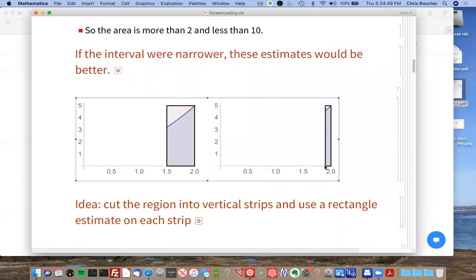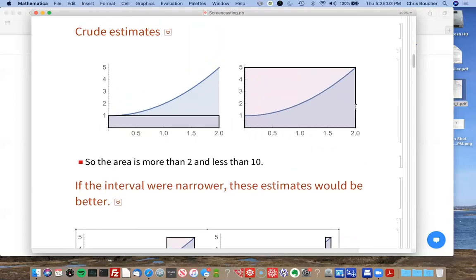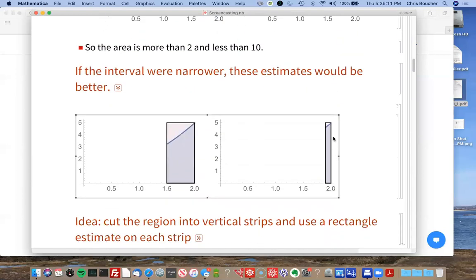If the interval went just from 1.9 to 2, that's the right-hand image over here, now our put-a-box-around-it strategy actually looks pretty good. We're only off by this tiny little corner up here in the upper left. So this is not a real sophisticated strategy, and it doesn't work well on a wide interval, but it does seem to work pretty well on a narrow interval.